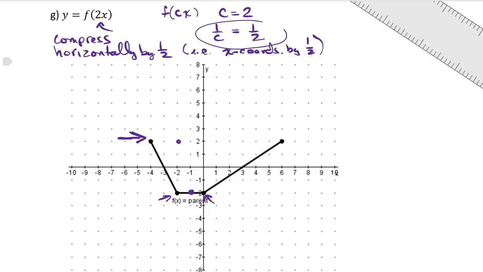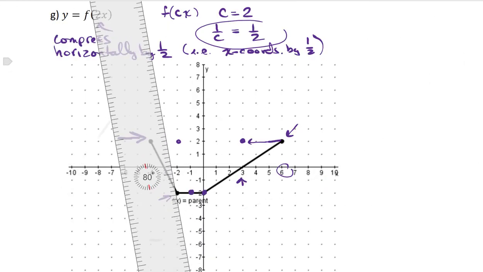This point here, the x value there is 0. Remember, 0 followed by -2. So the x-coordinate is 0. 0 times 1/2 is going to remain at 0. So that stays there. And then our last point, the x value is 6. Half of 6 is 3. So this gets pressed and compressed by half.